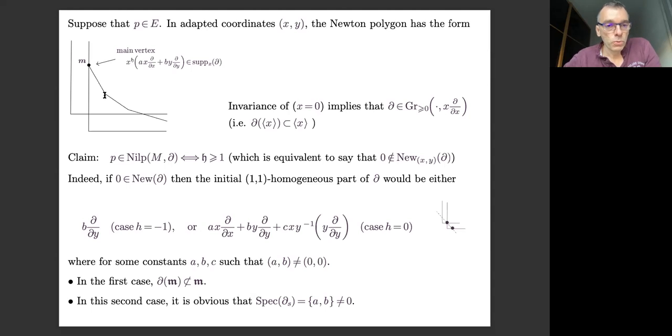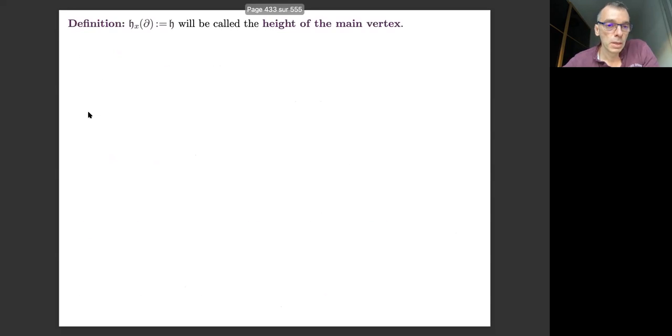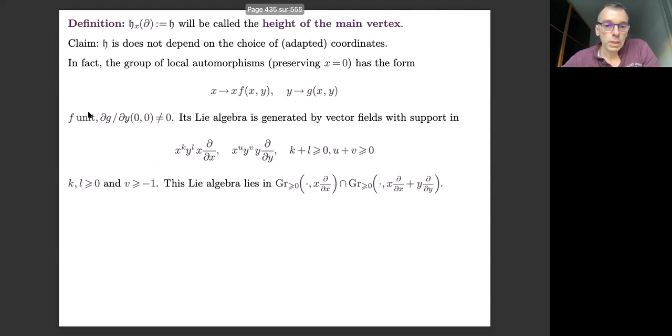Of course, I've shown you that once this main vertex attains its lowest position, either 0 or -1, then we get an elementary situation. Okay, so this is the invariant, this H.